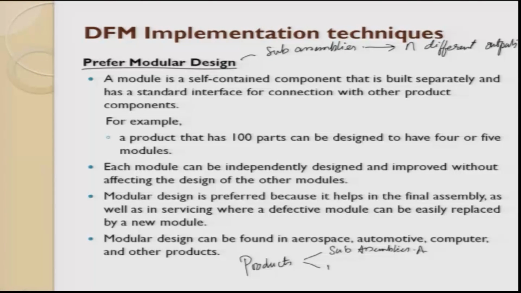This can be A, B, C and D. Now what I do is I combine these, or I add features to these, and try to produce the required output. So modularity is a self-contained component that is built separately and has a standard interface. So instead of A I can put B also. Here the assembly point will be the same for connecting the other parts.